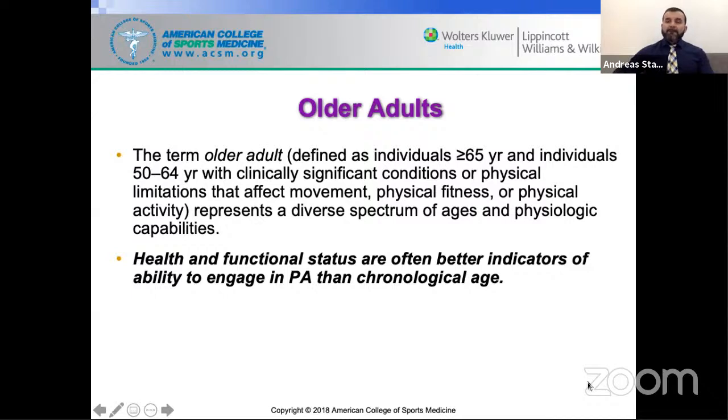You may be 65 and move like you're 45. You may be 45 and move like you're 65. So chronological age alone should not be enough for us to prescribe exercise. We should focus more on their health and functional ability than on their age as a distant number.